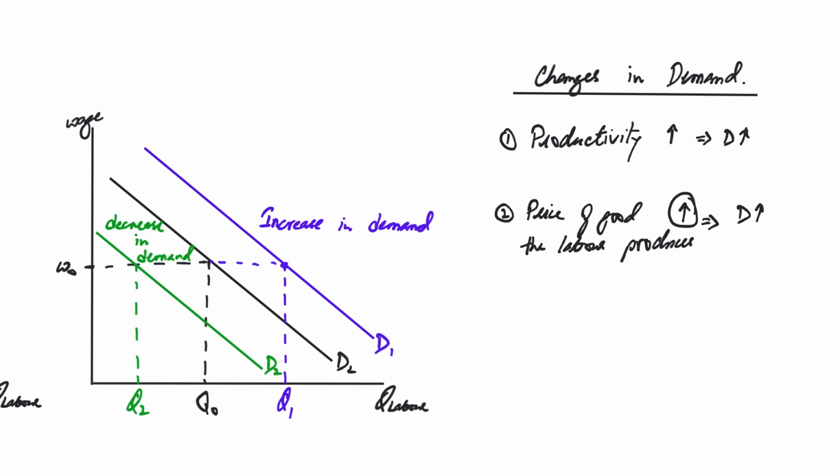Why is that going to happen? Well, remember one thing, if the price of the good is rising, then you're going to make more money off the product by selling it, isn't it? If the price goes up, you're going to make more money. If you're going to make more money, you would want to hire more people and produce more. So that can be one of the reasons.